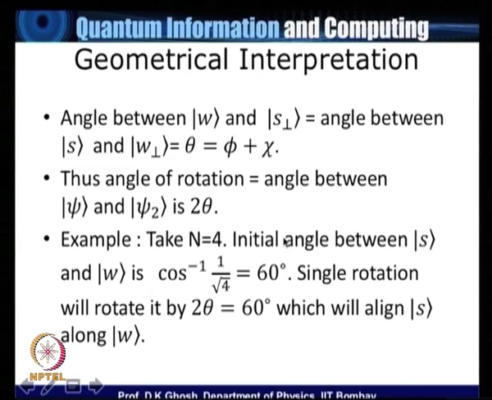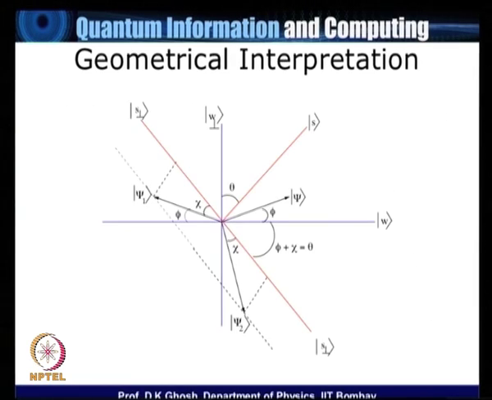Now, you can immediately check by trivial geometry that the angle by which you have to rotate psi in order to get to psi 2 is twice the original angle theta. This is theta, and in order to come from this psi to this psi 2, you have to rotate it by twice. This is phi plus chi is theta, so there is a phi plus chi here, there is a phi plus chi there, so that is 2 theta.